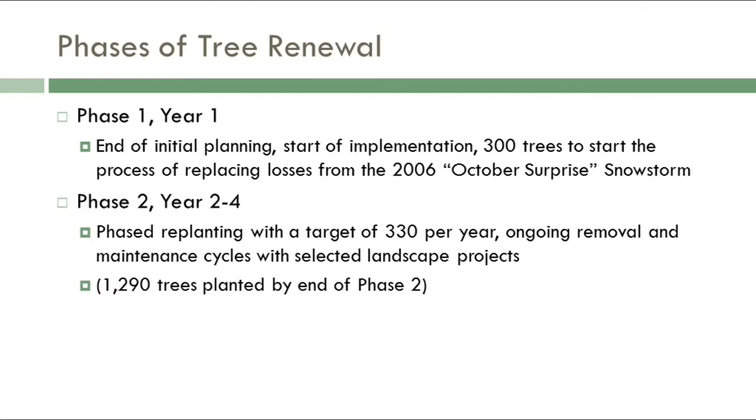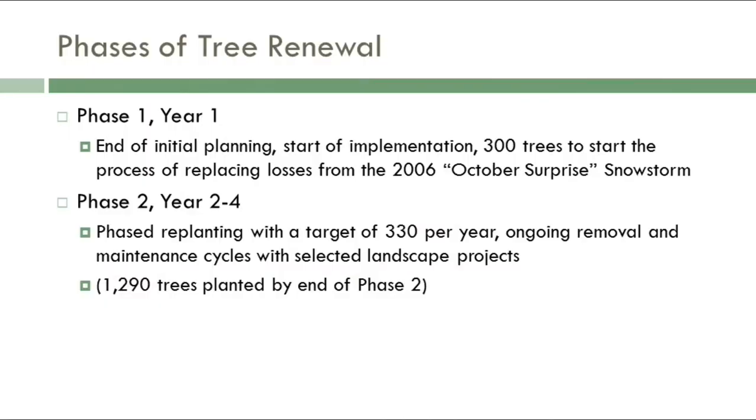every new tree has the same struggles of being established, making it through the first summer season with water, not getting hit by a lawnmower, not having a little kid rip the limb off. There are all those things that still happen in our site that happen along a street tree. So we phased it into 4 phases, only planting at most 330 trees per year over the course of 12 years.